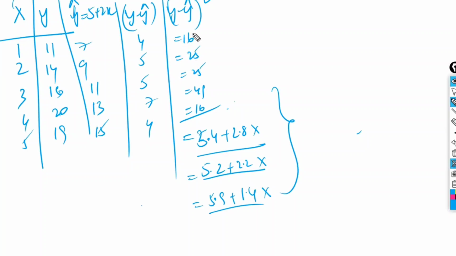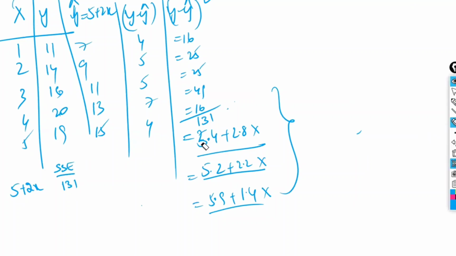Calculate the total: 50, 66, 75, 115, 121, approximately 131. Let us keep this aside. For the equation 5 plus 2x, SSE is equal to 131.